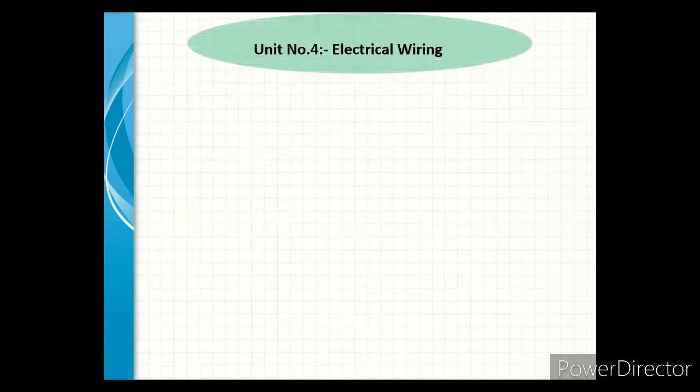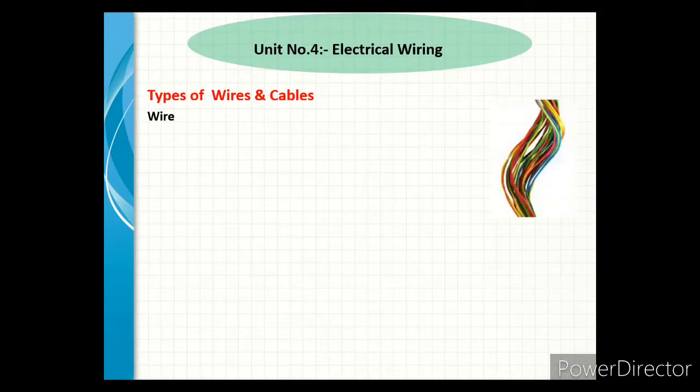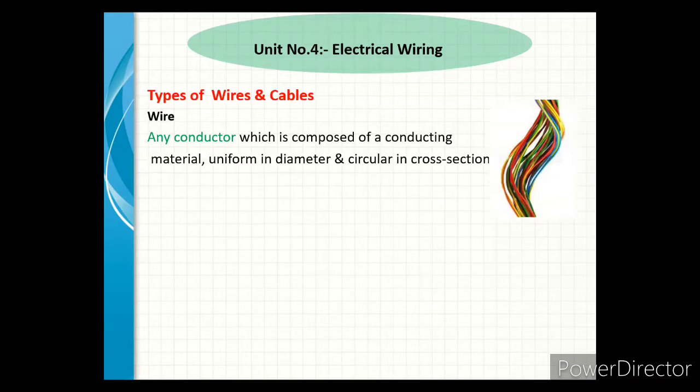So now start our topic. Our first point is types of wire and cables. First, we see the wire. Any conductor which is composed of conducting material, uniform in diameter and circular in cross section, is called a wire.